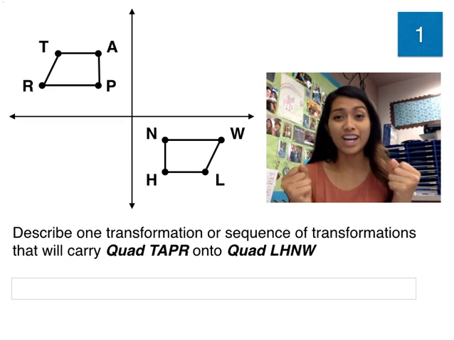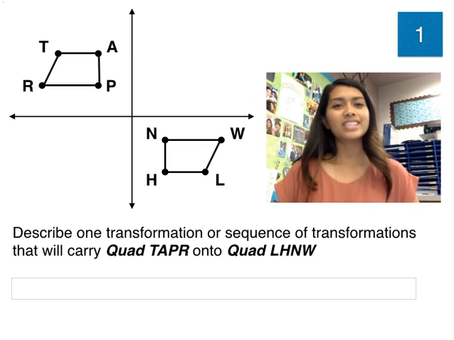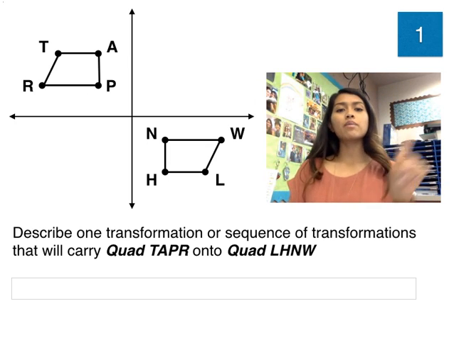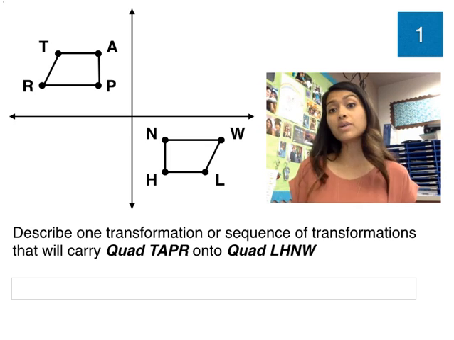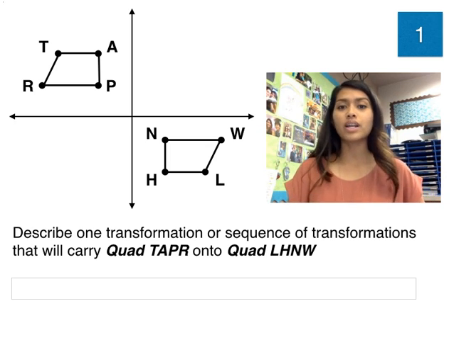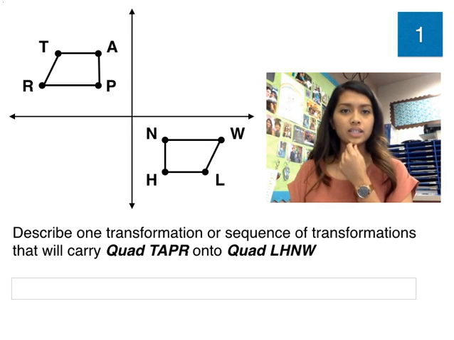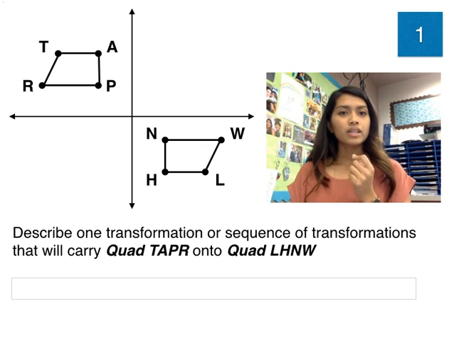Okay, so now we're finally actually going over our first example for today's lesson. It says here, for number 1, describe one transformation or sequence of transformations that will carry quad TAPR onto quad LHNW. Well, taking a look here, it seems as though it looks like a rotation.